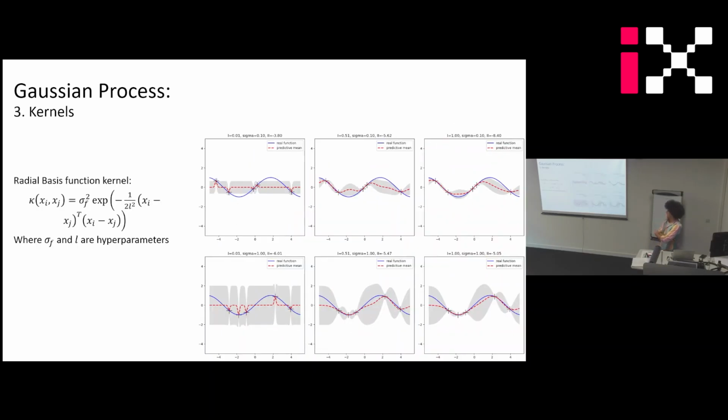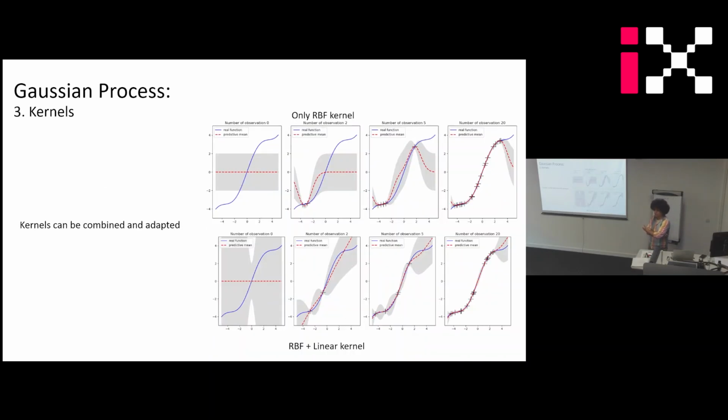In terms of how you can bias your model, one thing is the choice of the hyperparameters for the kernel, but you can also choose the right kernel. The kernel is one way for you to tell the Gaussian process how you think the real world is. For example, you can combine two different kernels. If we just use the RBF kernel, you're going to struggle a little bit to fit something that is linear.